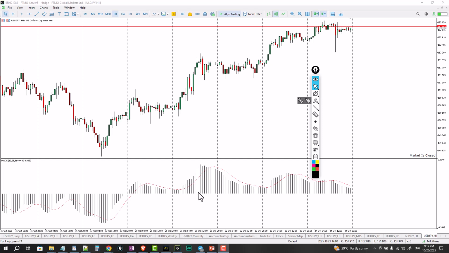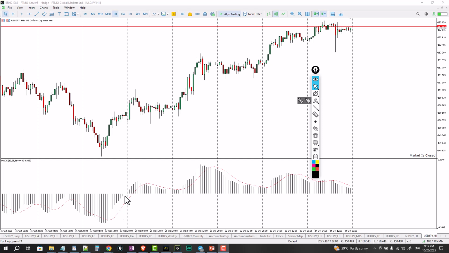These black bars that you're seeing are called the histogram. Okay? And the red dotted line that you're seeing here is called the MACD signal line. Okay? So like I told you, there are lots of ways that traders tend to use the MACD indicator. Some traders, you can see that when the histogram is here, it's below this imaginary line in the middle. This is called the zero level, okay?